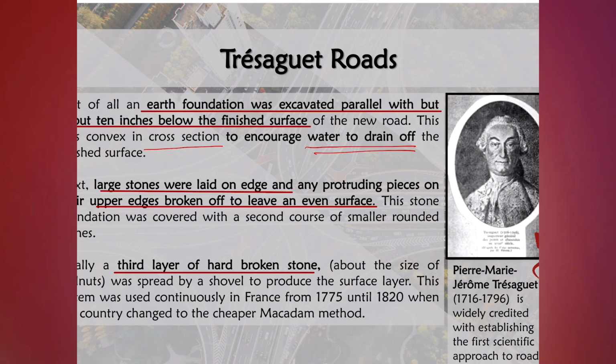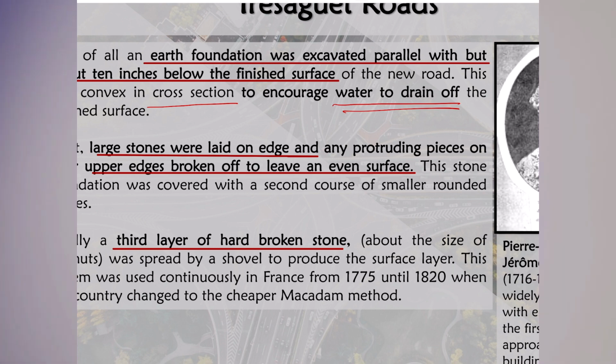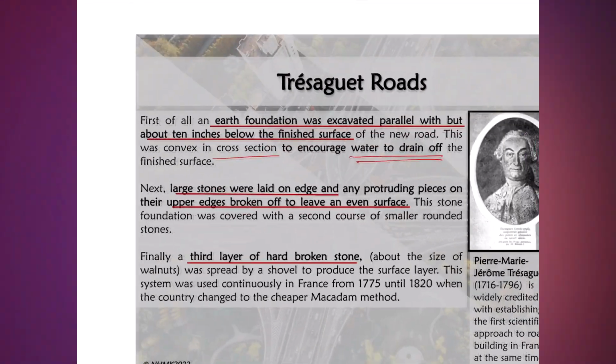This stone foundation was covered with a second course of smaller rounded stones. And finally, a third layer of hard broken stone about the size of walnuts was spread by a shovel to produce the surface layer. This system was used continuously in France from 1775 until 1820, when the country changed to the cheaper macadam method that we all famously know today.